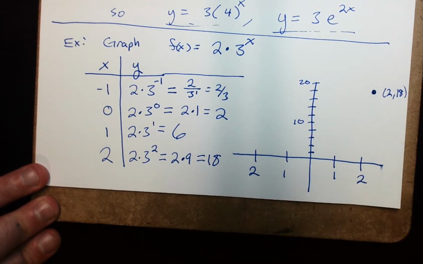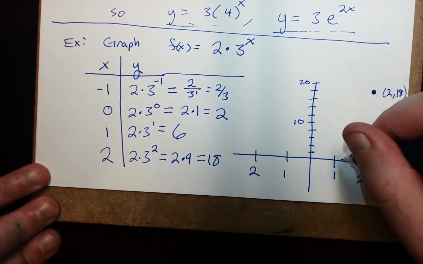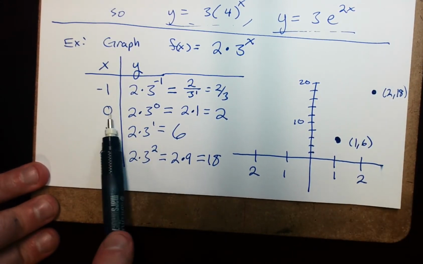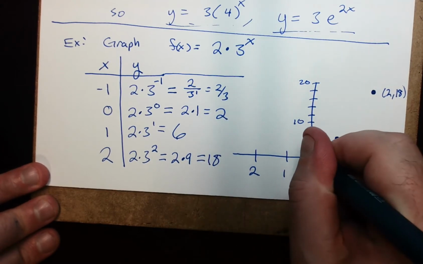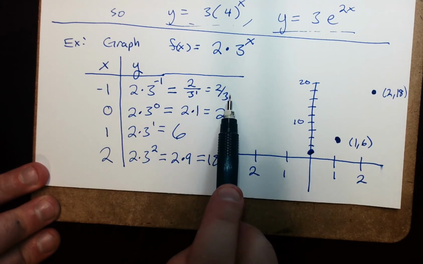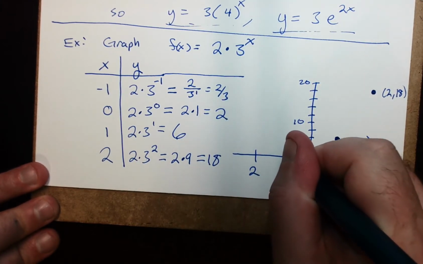And then we just plot the points. So I've got 2, 18 here. So that's 2, 18. That's about there. A little too far over to the right, but that's fine. 1, 6. 2, 4, 6.